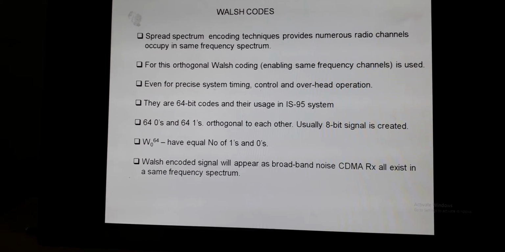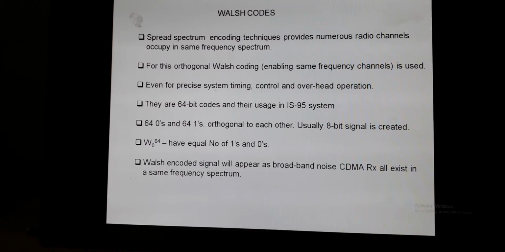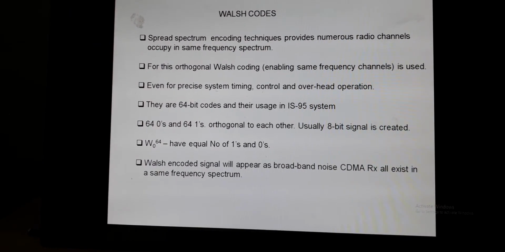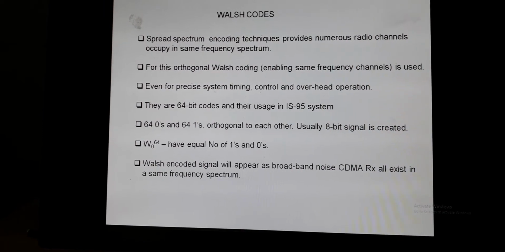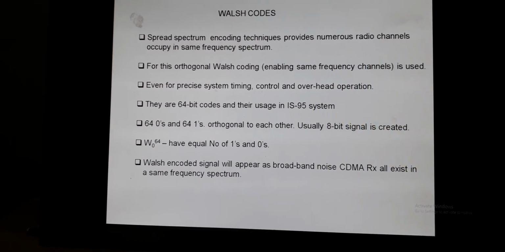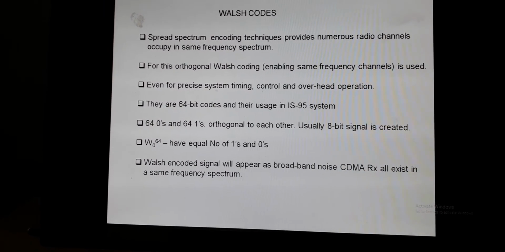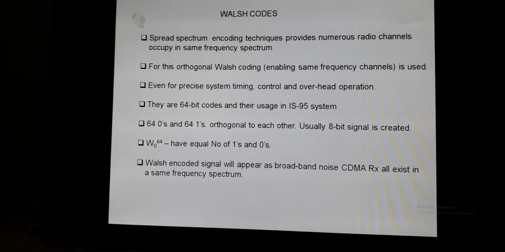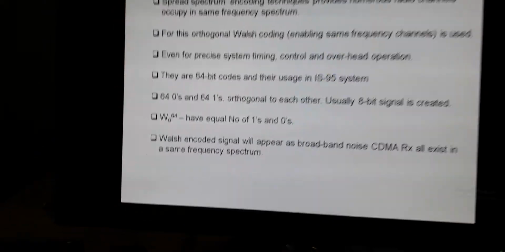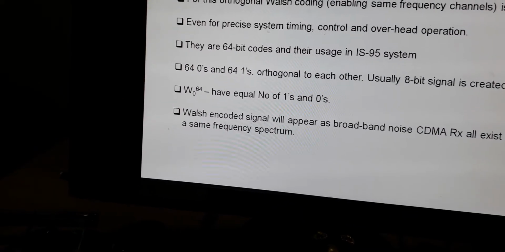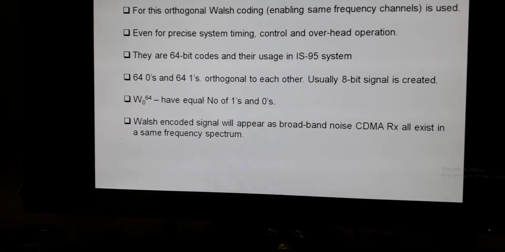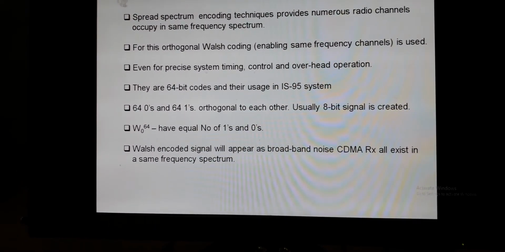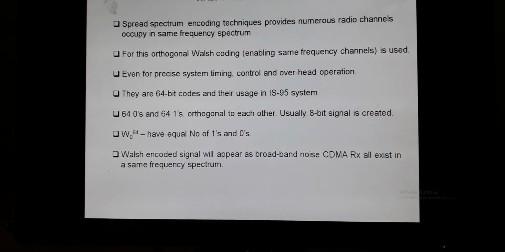Either all zeros or all ones can be generated, represented by W subscript 0 to 63, or it may have an equal number of ones and zeros, 32 ones and 32 zeros.